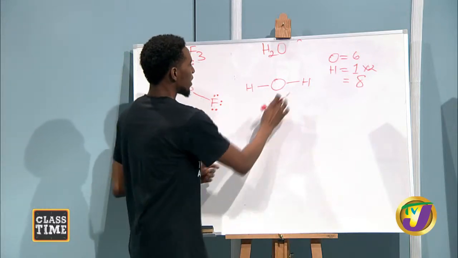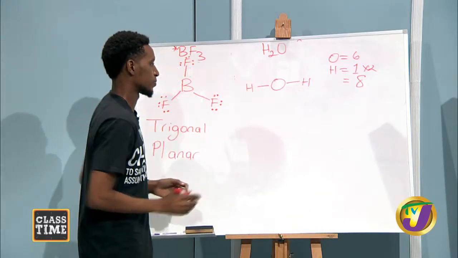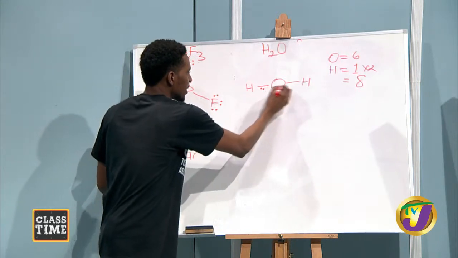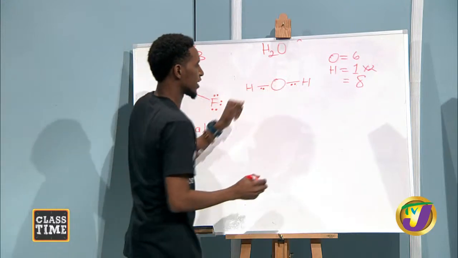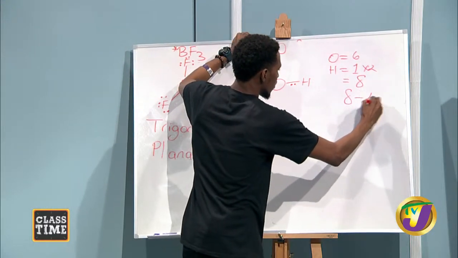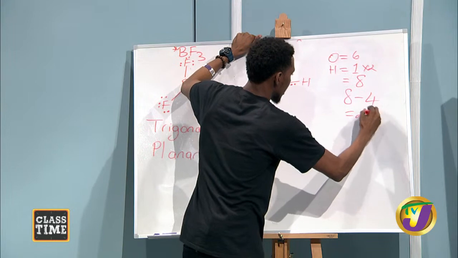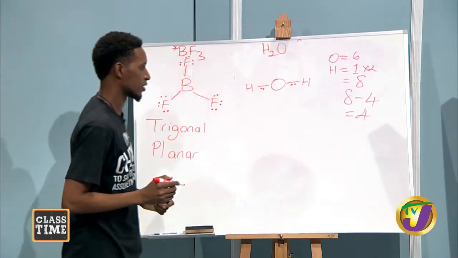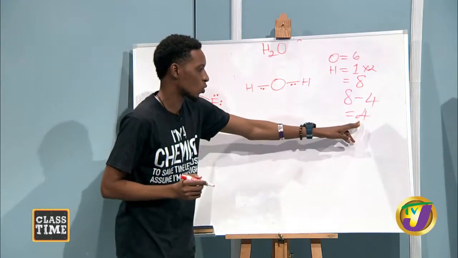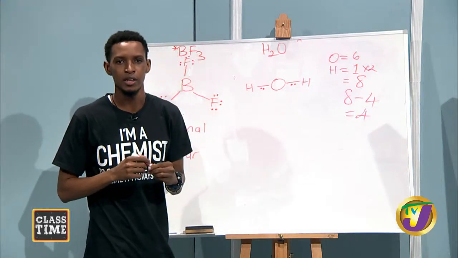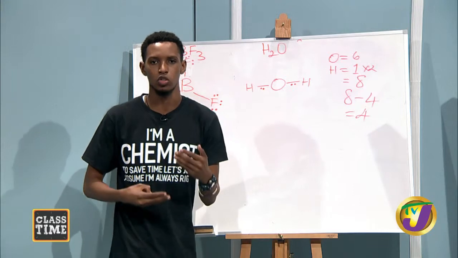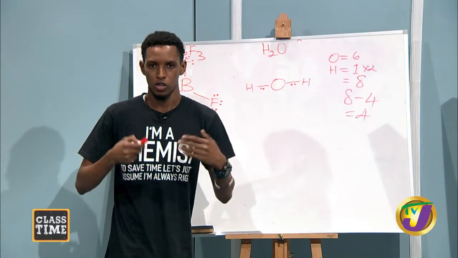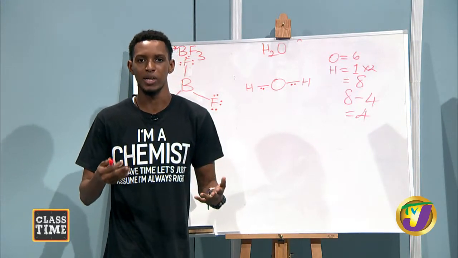Now, we have 2 bonding pairs. And each bonding pair has 2 electrons. So that's 1, 2, 3, 4 electrons. So we have to subtract 4 from 8 and we'll have 4 electrons remaining. So, since we have 4 electrons remaining, the rule says that we should add these 4 electrons to the outer atoms first to ensure that their orbitals are completely full.